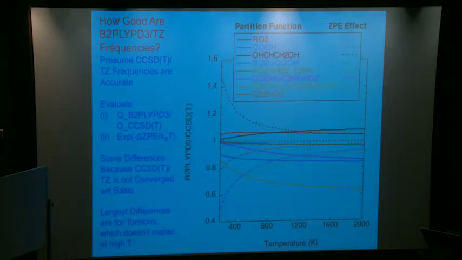Differences in torsional frequencies are not as problematic as differences for other frequencies, because at high temperatures, the partition function for a hindered rotor goes to that for a free rotor, which is independent of the force constant. All right? And so if you have a 10% difference in the force constant, you don't care. It maps into no difference in the partition function.